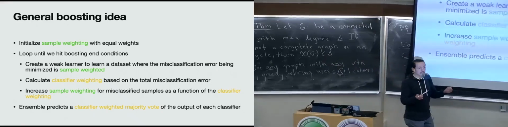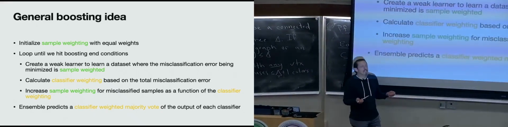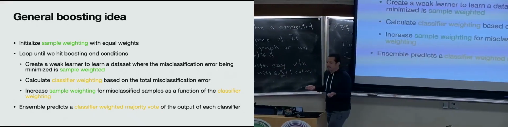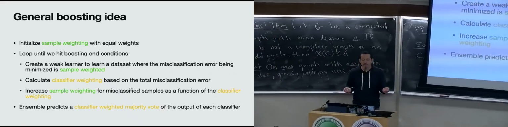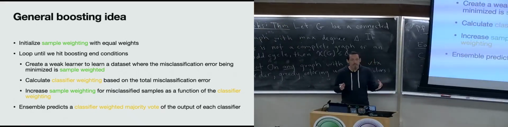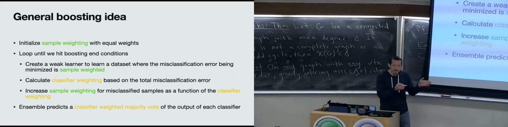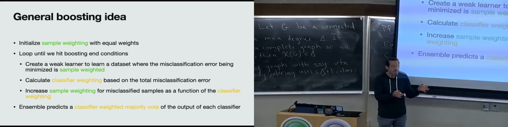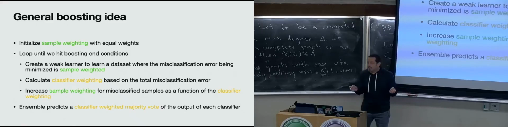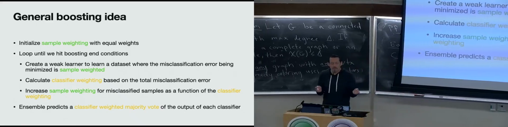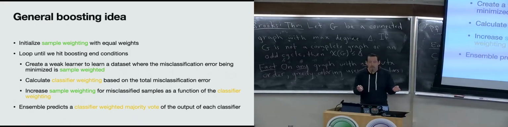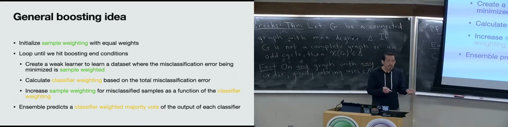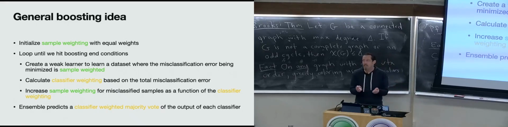After we have constructed the ensemble, our error rate on the training set sets the classifier weighting. And the classifier weighting is used at prediction time. Run the test set through the classifiers, get their outputs on each test data point, and use a soft voting, right, or a weighted majority vote, a soft voting system, where we believe classifiers proportional to their misclassification error rate on the training set.